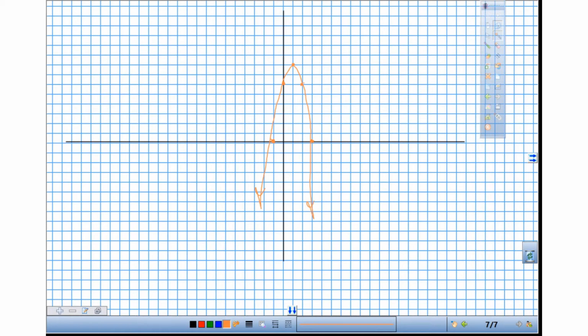Remember, it's got symmetry. So the first thing we want to identify is our vertex. Our vertex is the turning point, which is 1, 8. Our axis of symmetry is again the x coordinate of that vertex.